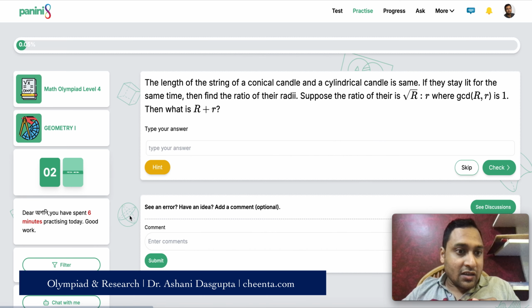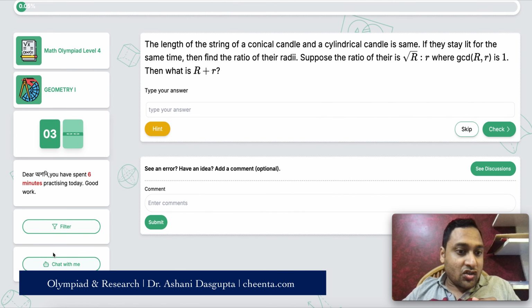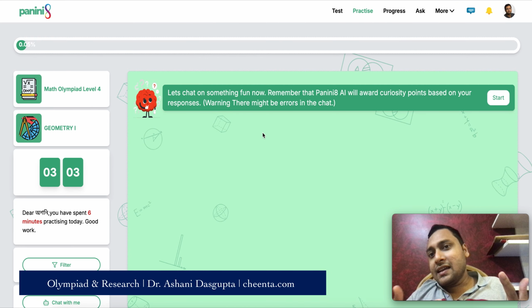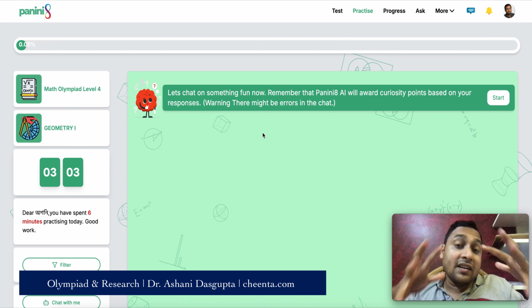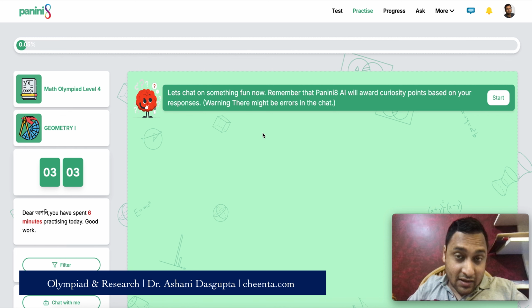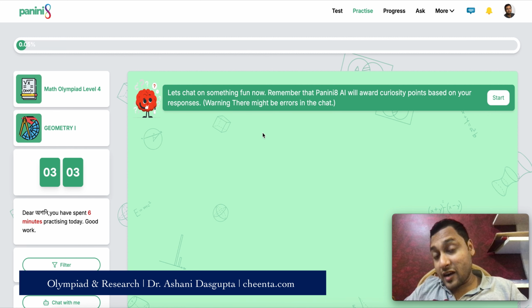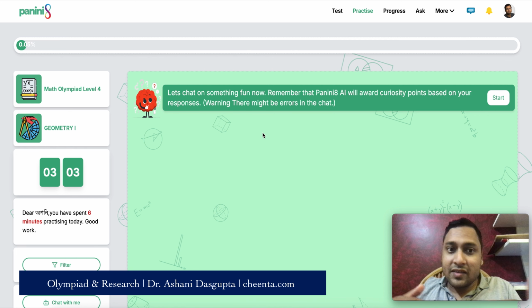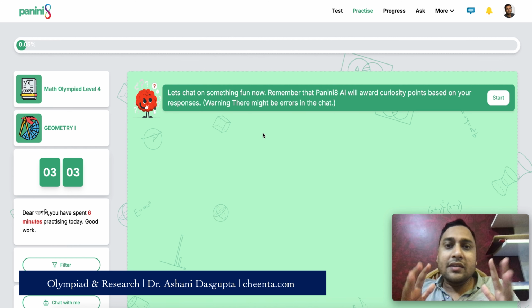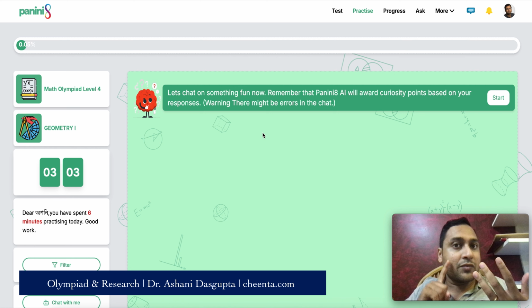As I mentioned, you can also chat with the chat bots. If I click on that, you will see that a chat bot pops up. This conversation is built on the work that you have already done in the system, the problems that you have solved so far. On the basis of that, our bot will start a very simple conversation with you. The reason we do this is because we want to do two things.